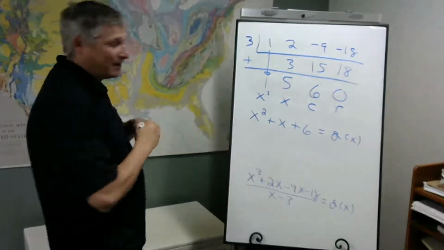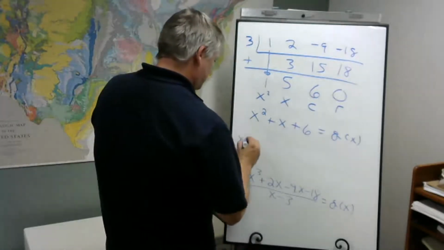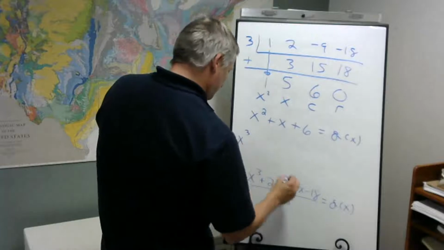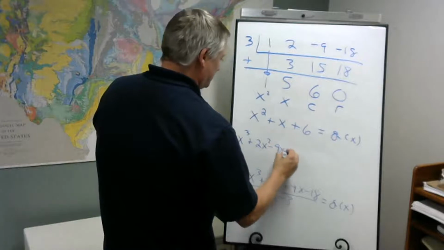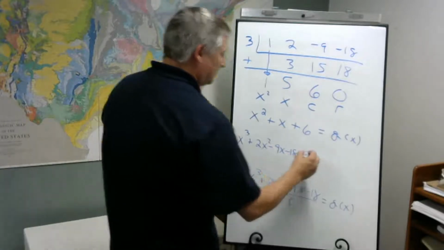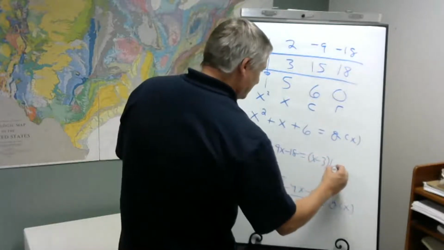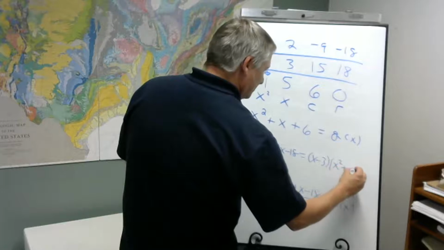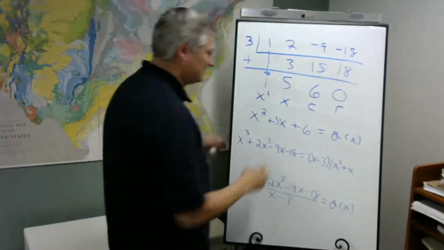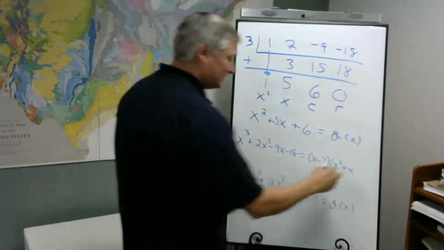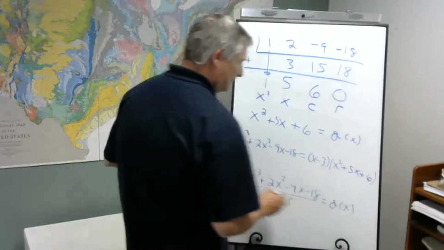So what this is basically saying is x cubed plus 2x squared minus 9x minus 18 is x minus 3 times, and then we found q of x, x squared plus, oh, sorry, 5x. Don't want to forget that's a 5x. That's the coefficient for the x term. 5x plus 6. And that's our q of x.